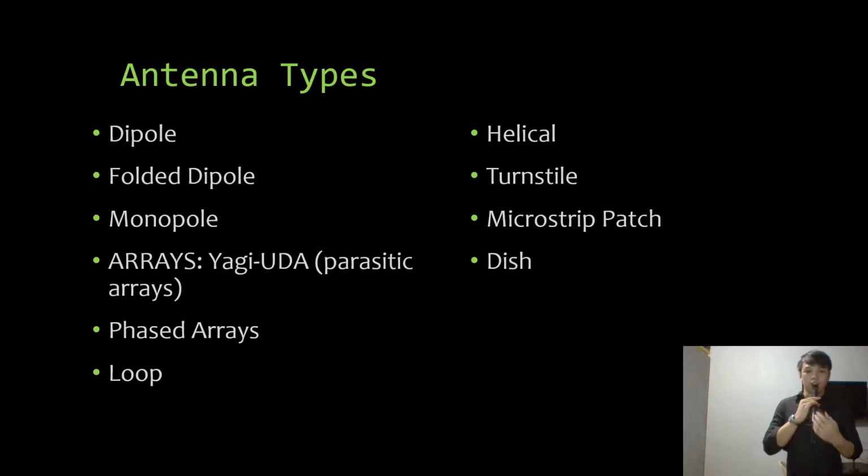How does it work? The fifth one is the phased array, the sixth one is the loop antenna, and the seventh is the helical antenna. The next ones are the turnstile antenna, the microstrip patch antenna, and the dish antennas or satellite dishes.